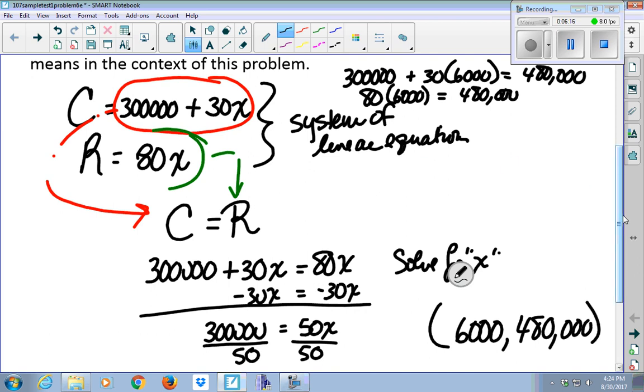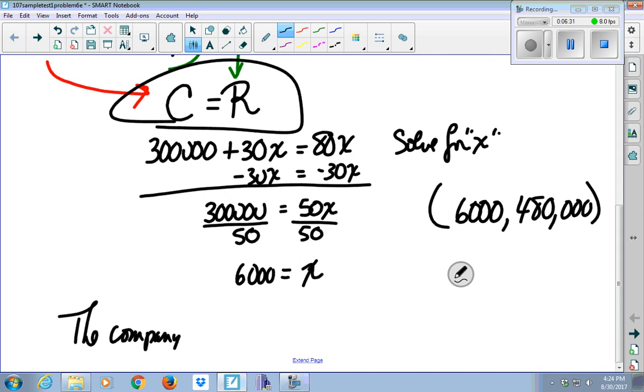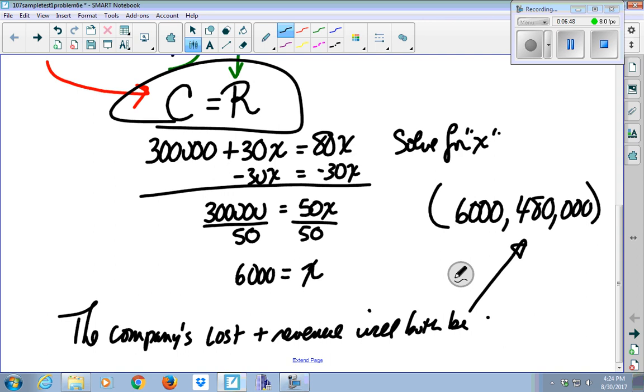Okay, what does this mean in terms of the context of this problem? You can basically look at this point and just write your sentence, like what that tells you. It means that the company's costs and revenue will both be, and now you use your units, $480,000.